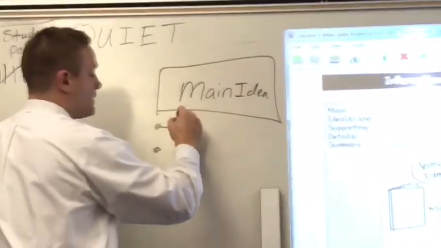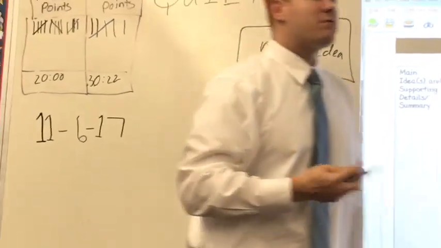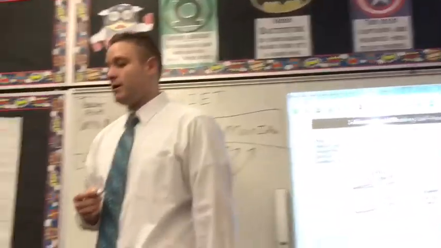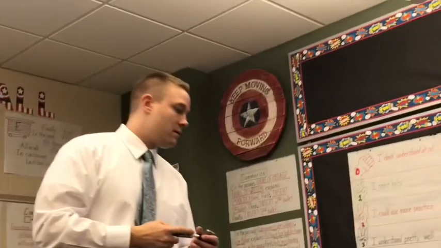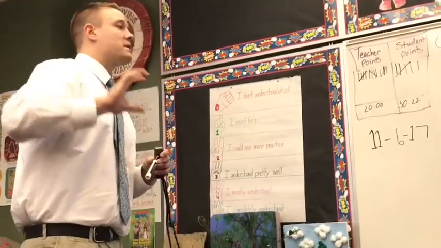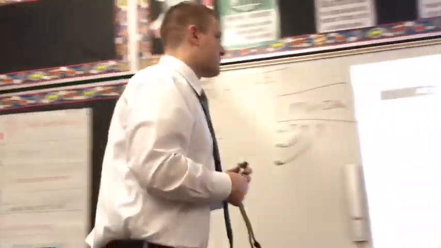These 3 supporting details have to fit in with the main idea. If they do not, then chances are it's probably unimportant. Now, I'm not saying it's not in the text, because that could definitely happen. But when you're reading the text, we're only looking for the important stuff. There's also some unimportant stuff in your text.